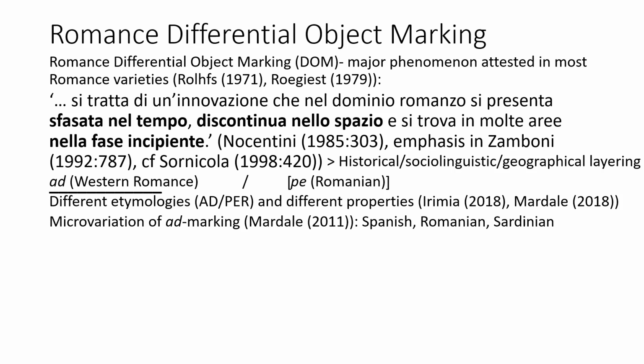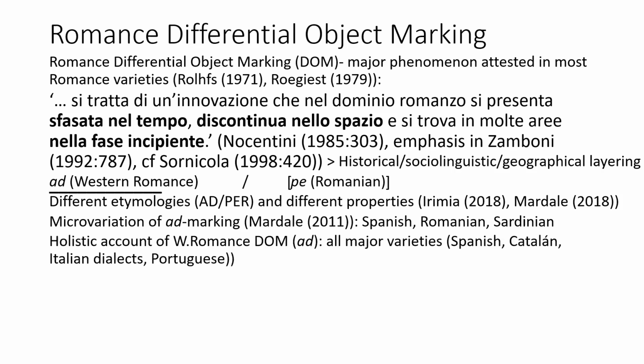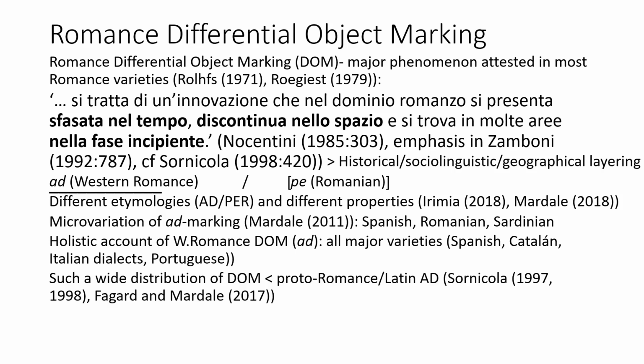There is a lot of micro-variation in the use of ad in different Romance varieties, as shown by Alexandru Mardale. He compares Spanish, Romanian, and also Sardinian. However, given just how widely attested ad is, in all major varieties of Western Romance, a holistic account of ad is still missing, and we can do a lot more in comparing the use of ad in all major varieties.